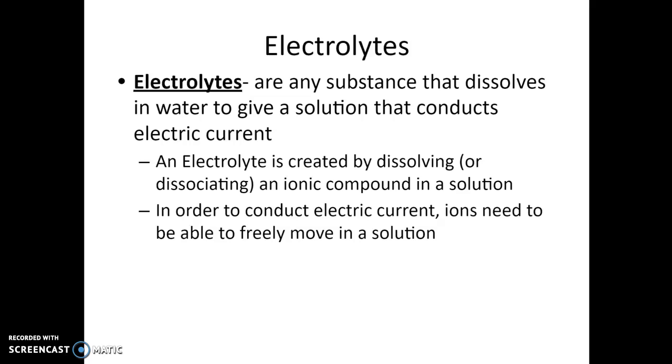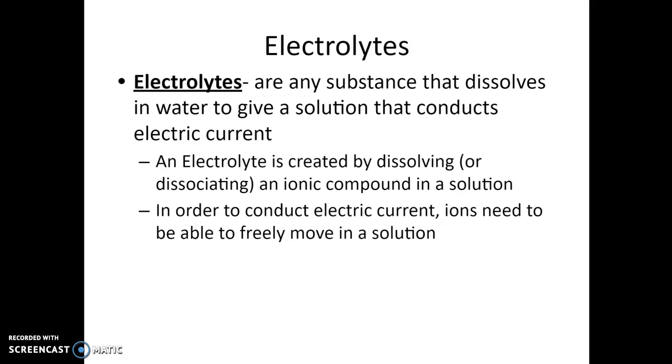But when you add ionic compounds to water, they become electrolytes, which start conducting electricity. The partial charges on these ions that dissolve in the water, they dissociate from each other, and that allows electricity to flow through the water so that it can actually conduct electricity.